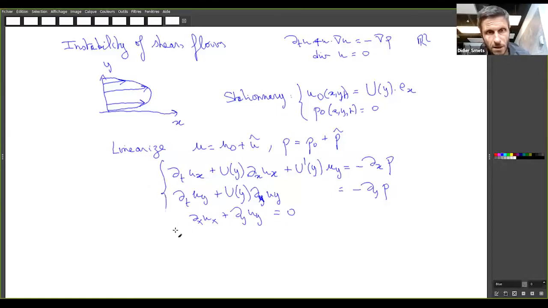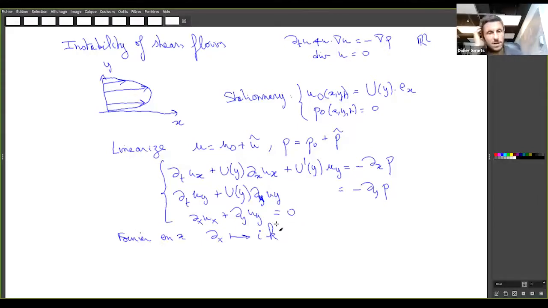Okay. So now I'm taking advantage of the fact that my setting is translation invariant in the x direction. So I'm going to take Fourier in x, which means that I will just replace the ∂x by i times k. Okay, this is k.